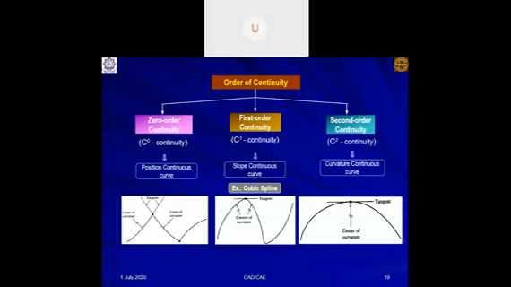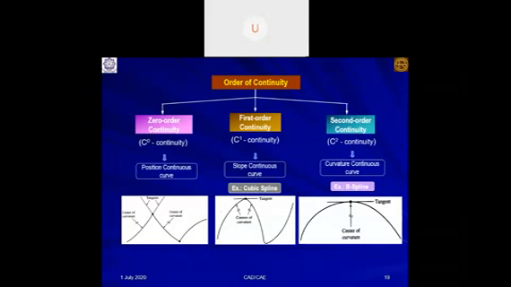But in the C1 continuity curve, the center of curvature was different. Just see the middle figure: the center of curvature of the two curve segments was different. But in the last figure, the center of curvature for both curve segments is the same. That is why a second order continuity curve is not only position continuous, it is slope continuous as well as curvature continuous. An example of a curve designed based on second order continuity is the B-spline curve.